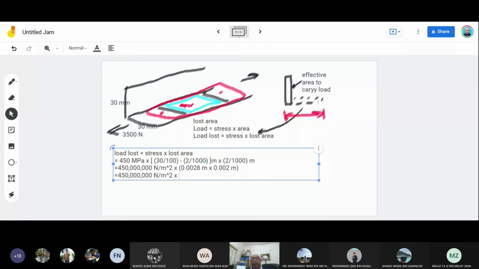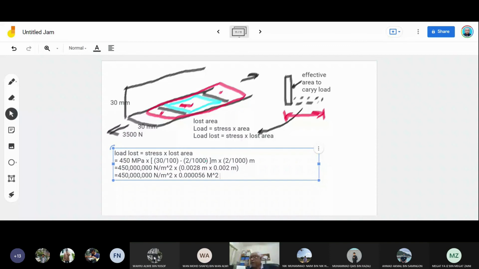Times 0.002, you got 0.000056 meter square.